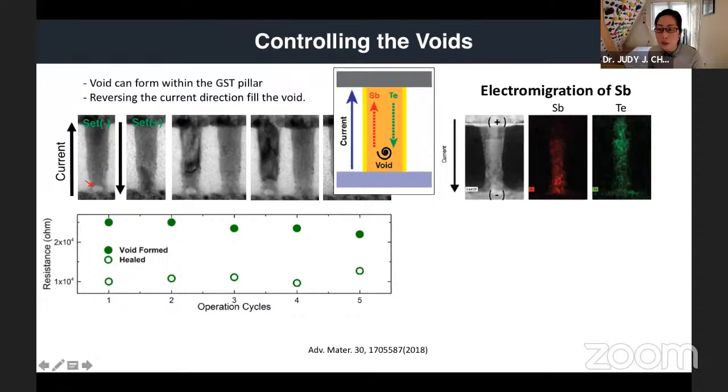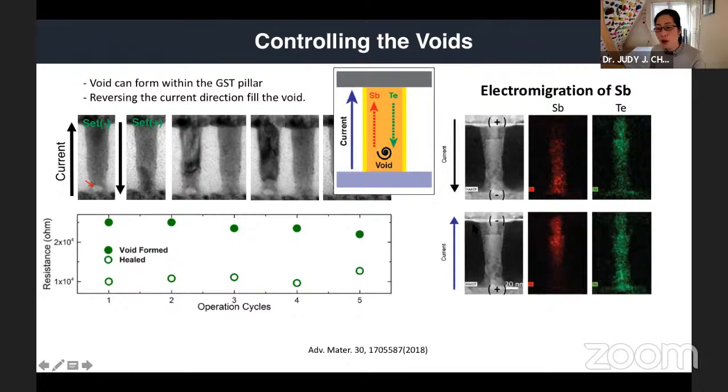So here is a device at the beginning. You can see that the antimony and tellurium are spread throughout the entire nanopillar. Then we reverse the current direction and apply a voltage pulse, and the amplitude of the voltage is a little bit high.